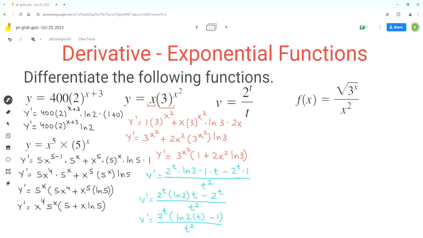So the given function is f at x equals square root of 3 to the power x over x squared. Now this function has a radical term in the numerator. So the first thing we should do is to change the radical into a rational exponent. So we get, so square root can be written as rational exponent 1 over 2.